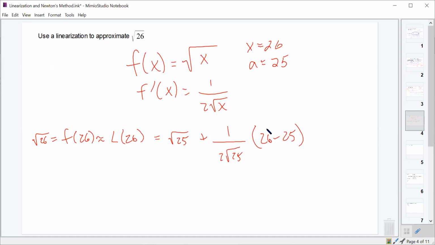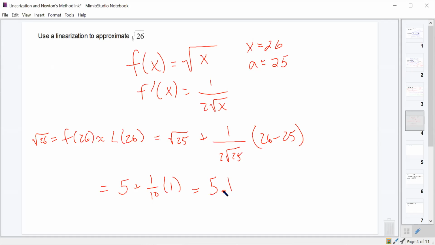Good or no? Good. All right, and so we should then be able to say that square root of 25 is 5, so this is 1/10. So 5 plus 1/10 times 1, or 5 1/10, 5.1.